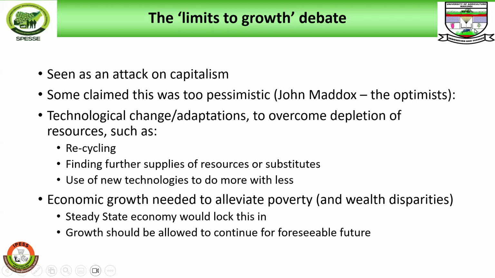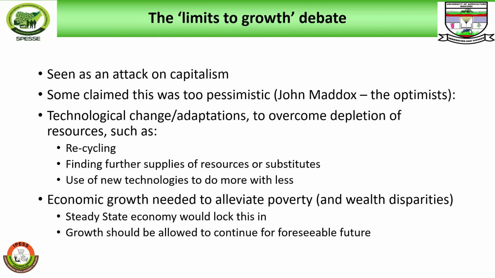So, like we were saying, the optimists believe that technological changes can make a difference. And that's why a lot of focus is now on recycling, finding further supplies of resources or surplus. But we should also, this thing we are talking about the environment.